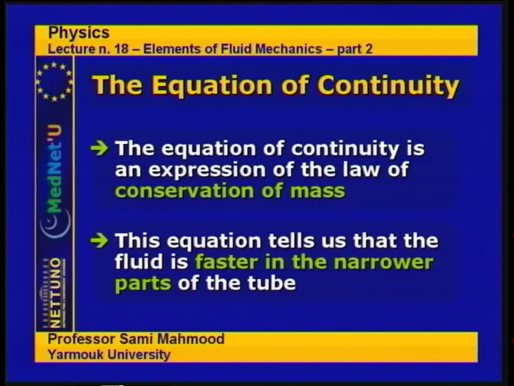The equation tells us that the fluid is faster in the narrower parts of the tube. That is a consequence of the equation of continuity, since AV is equal to a constant.